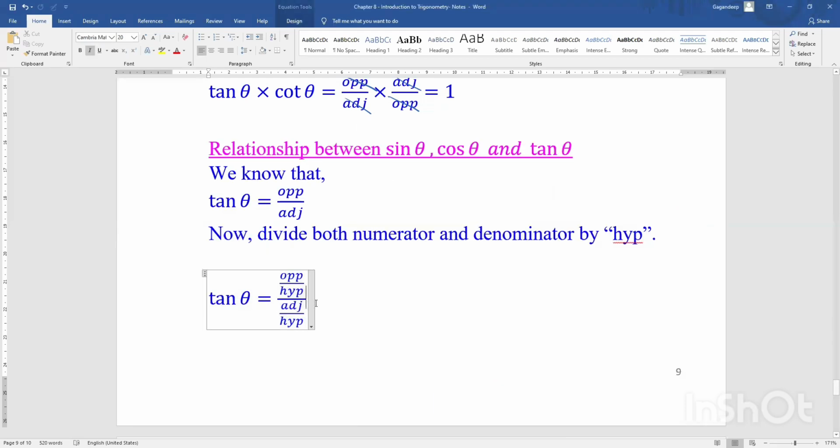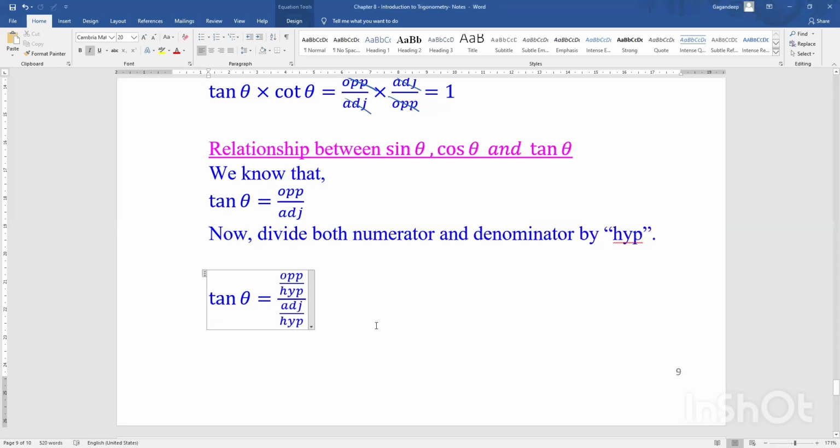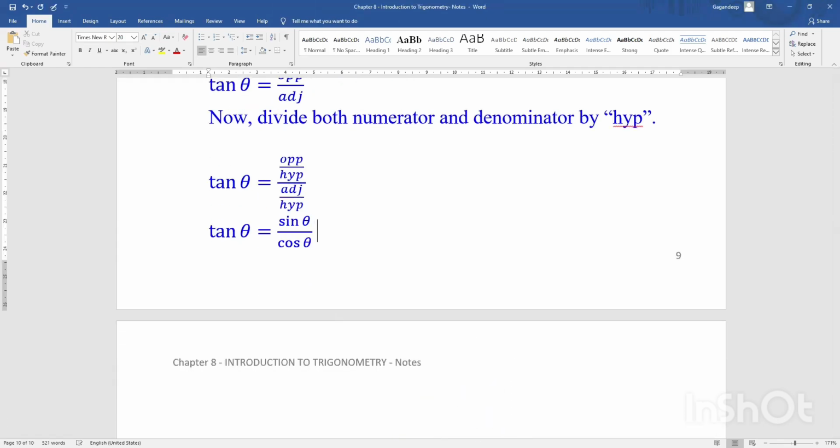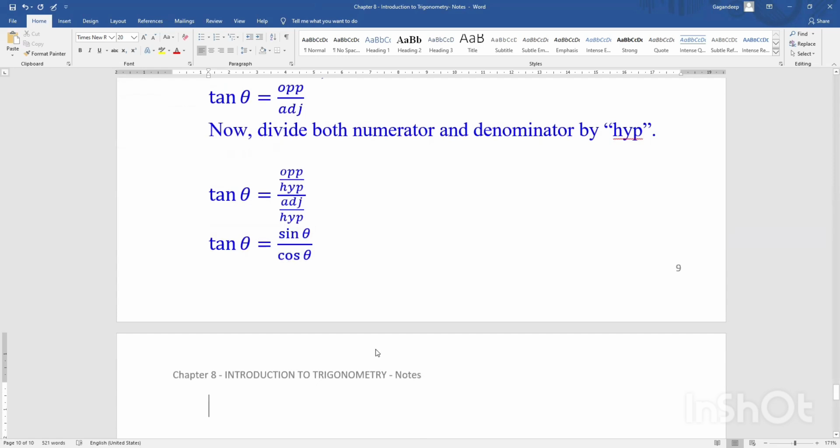So the numerator becomes sine theta. And then we have adjacent by hypotenuse, which is cos theta. Okay. So that means tan theta is nothing but sine theta by cos theta. Okay. So that is the relationship between the sine theta, cos theta, and tan theta. So tan theta is equal to sine theta by cos theta. Okay, children.